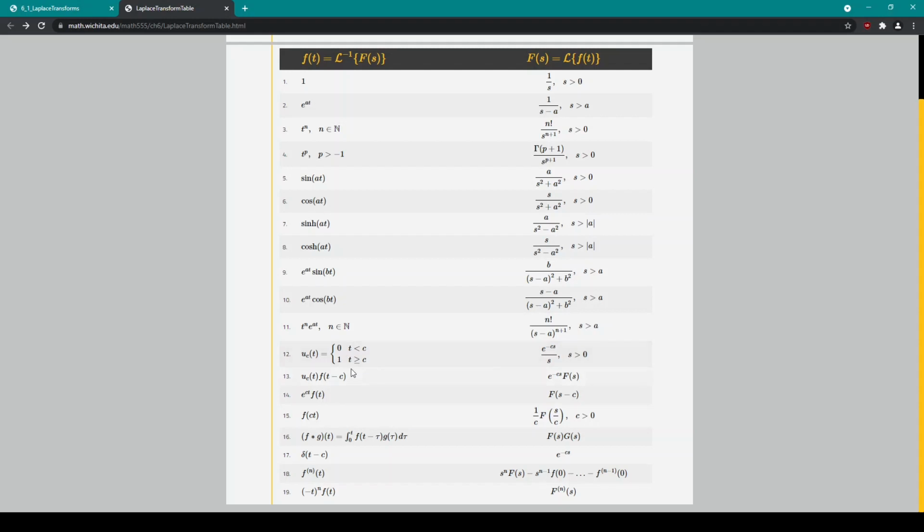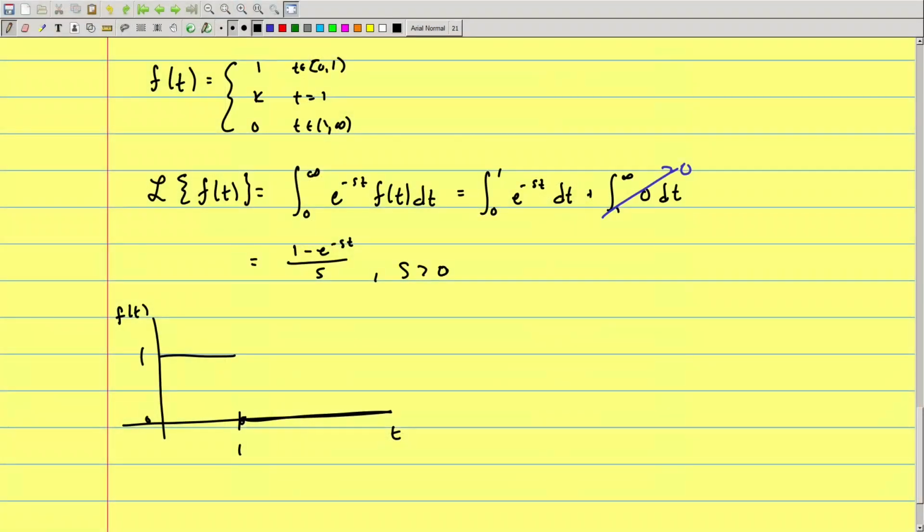We'll talk more specifically about this later, but this is an example of something called a Heaviside function, or a step function. Your book uses this notation. It's named after Heaviside, a person. I believe he was an English mathematician, but it's a step function.